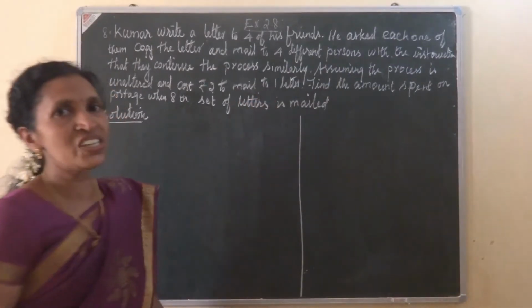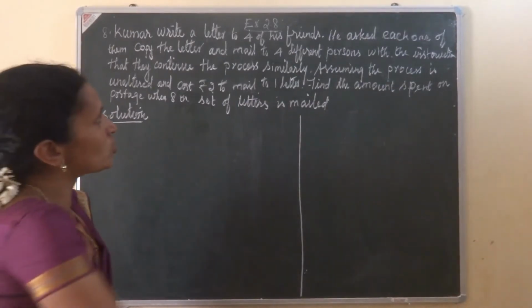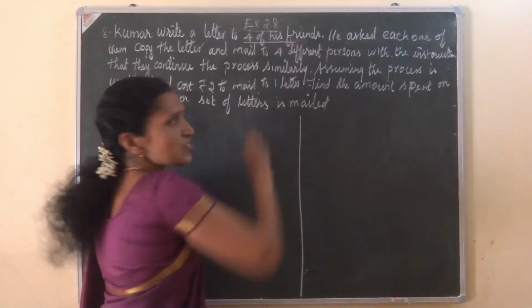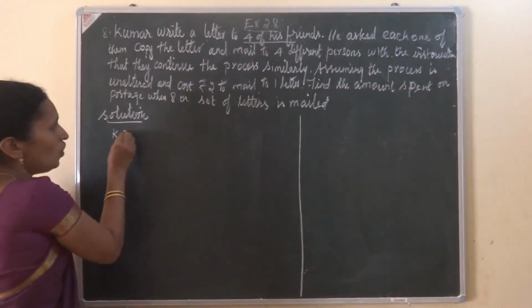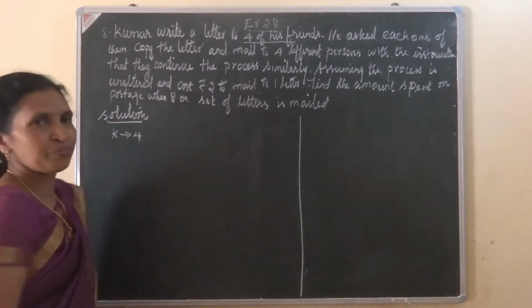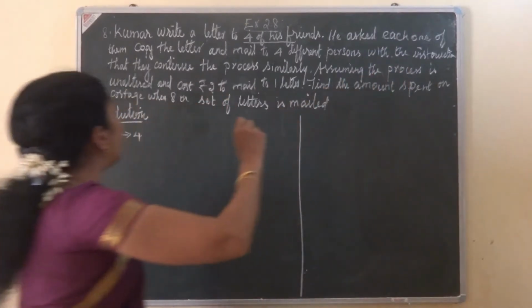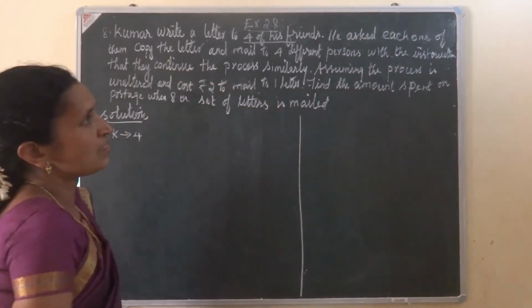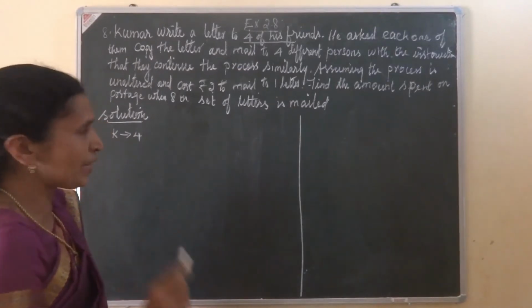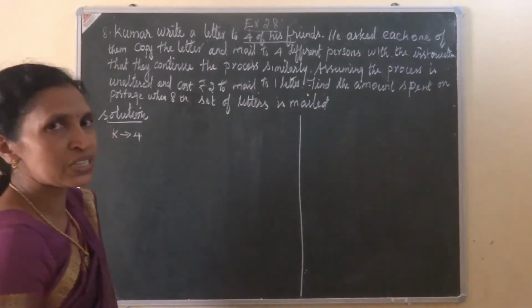Do you understand this question? Kumar writes a letter to 4 of his friends. He asked each one of them to copy the letters and mail to 4 different persons.